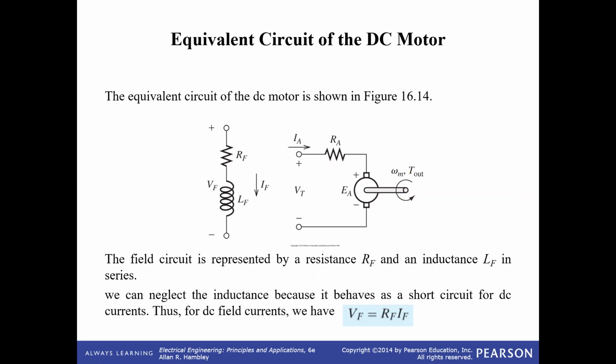So this is actually the equivalent circuit of the DC motor. This one is referring to what we call the field circuit, and this one is the armature circuit. The field circuit is the circuit that refers to the stator, while the armature circuit refers to the rotor.